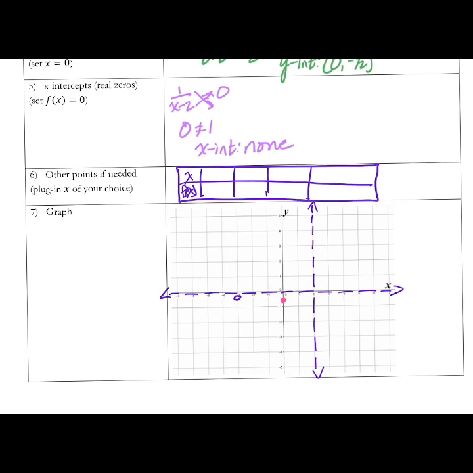So now, how do I decide where I want my points? Well, I know that I want one from my hole over. And then I want one between my hole and 0, and one between 0 and my asymptote, and one here. So I want to find each one of those points. So luckily, I'm still going to use the same numbers that I've been using: -4, -2, 1, and 3.